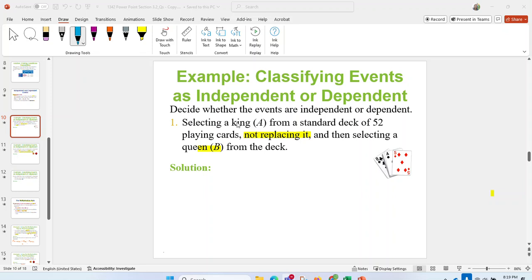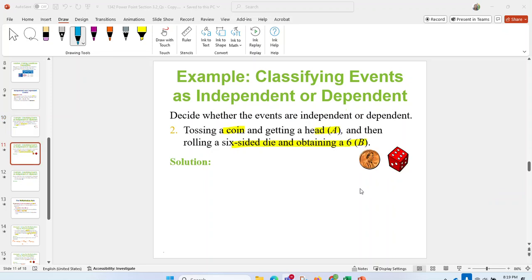Because you take the A out and you are not putting it back, and that changes the chance you're going to get a B. If I take several cards out and don't put them back, and none of them is a queen, then the queen is still there, and that will affect my chance to get a queen. So that's dependent. Okay, very good.